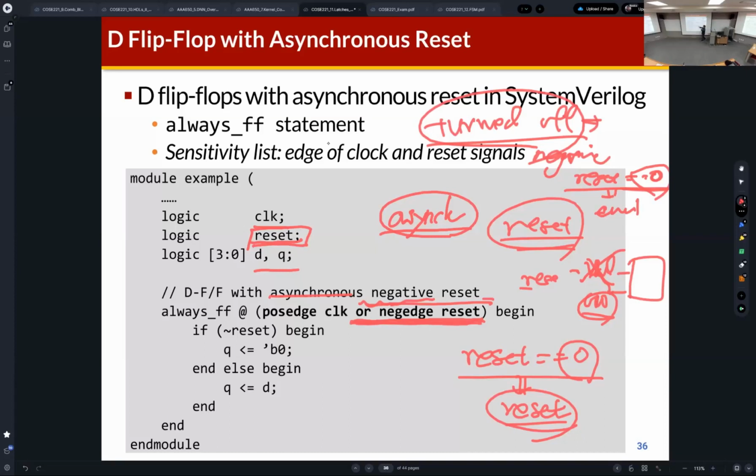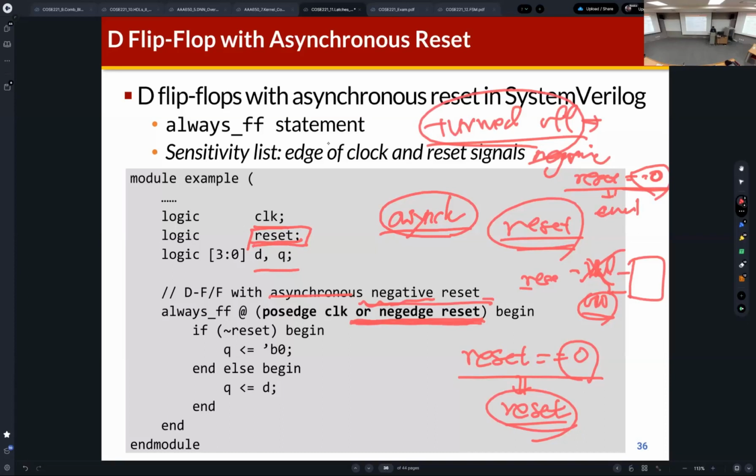So this is the behavior model of a D flip-flop with an asynchronous negative reset. To implement this flip-flop, we need to add the sensitivity list entry for this signal, here, the negative reset. Then we need to define the behavior by reset signal.